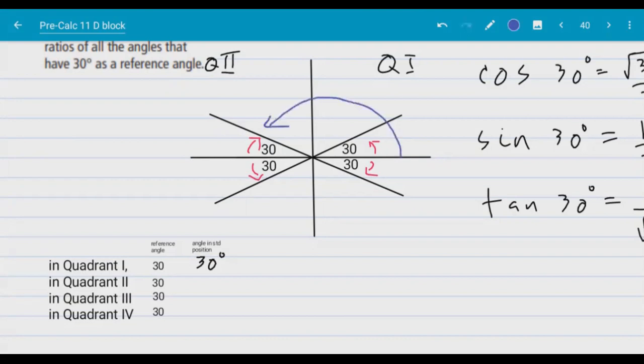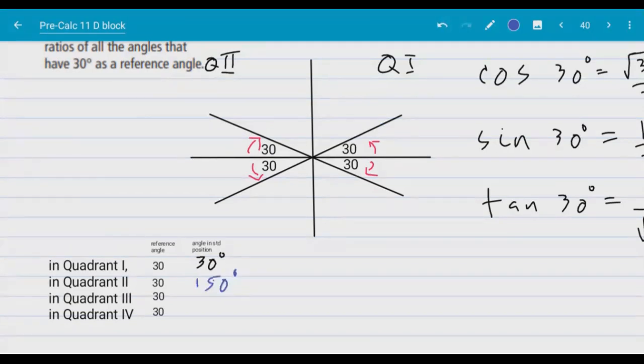There you go. If you make a half turn, from here to here, that is 180. Therefore, if you only reach up to here, that means that is 180 minus 30, which is 150 degrees. All right, 150 degrees. There you go.